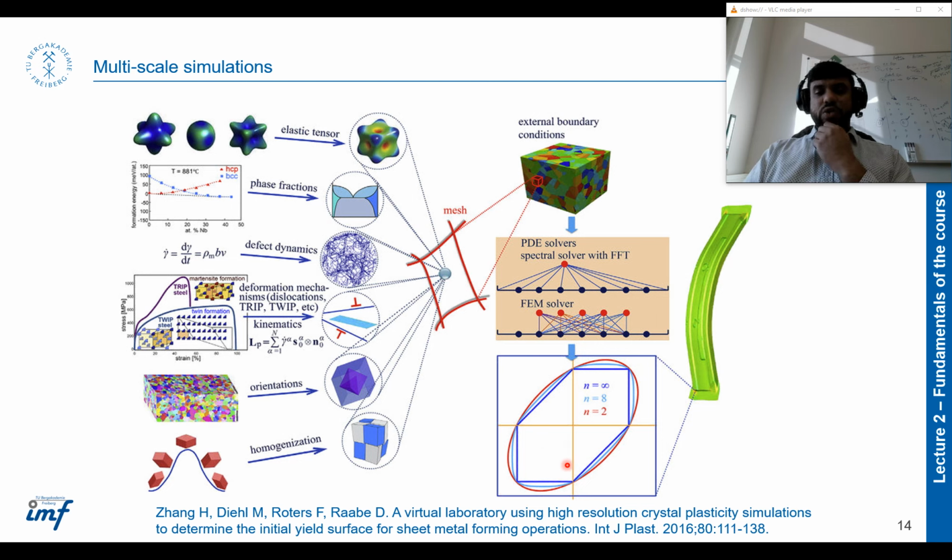We know that once the deviatoric stress crosses the yield surface, the material will deform and will behave in a certain way. But this criteria basically comes from the overall microstructural attributes of the material, and these microstructural attributes are then dependent on the elastic tensor, the phase fractions, the defect dynamics, deformation mechanics, orientations, and homogenization schemes.